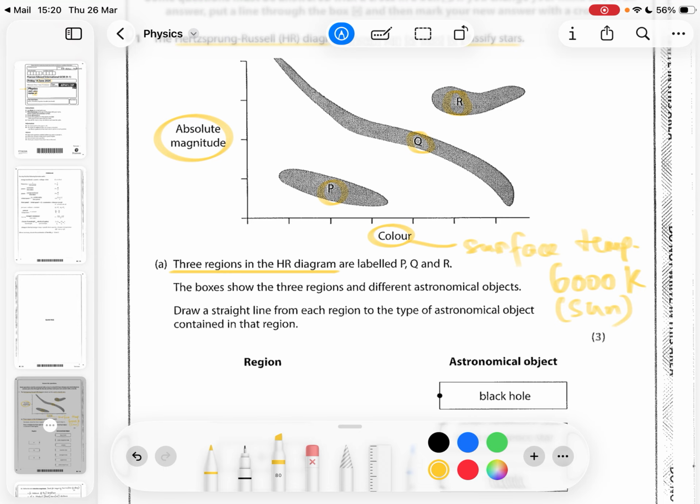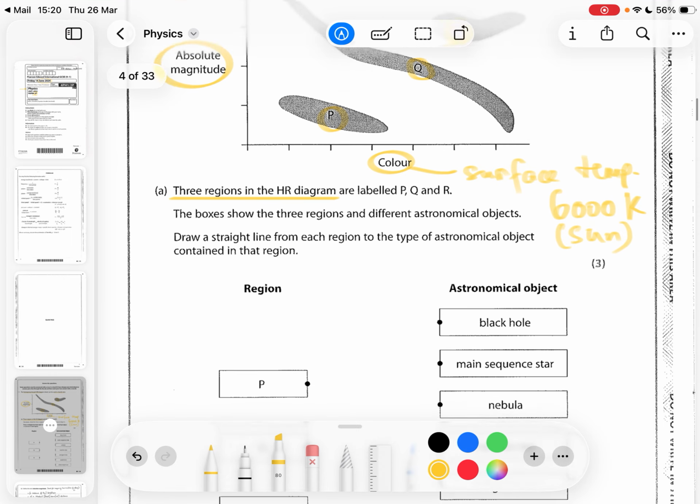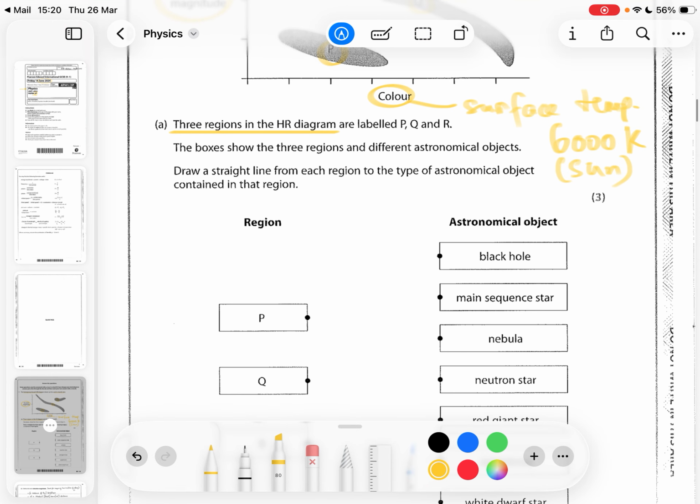The boxes below show the 3 regions on the HR diagram, and different types of astronomical objects. So you've got to draw a straight line, which means you need a ruler, from each region to the type of astronomical object contained in that region.